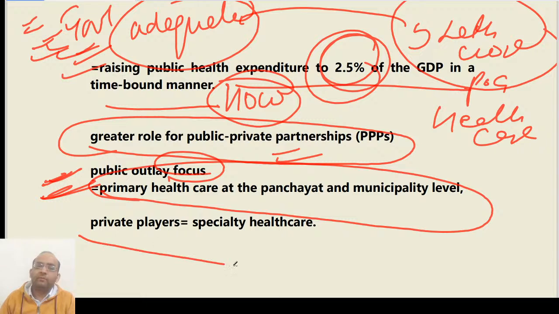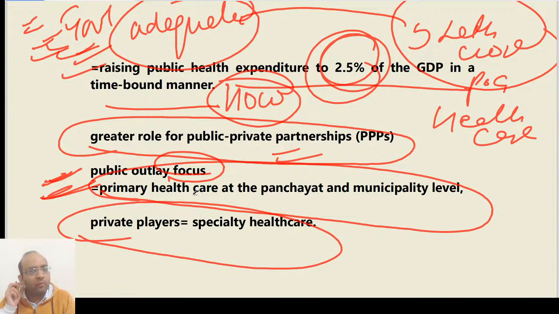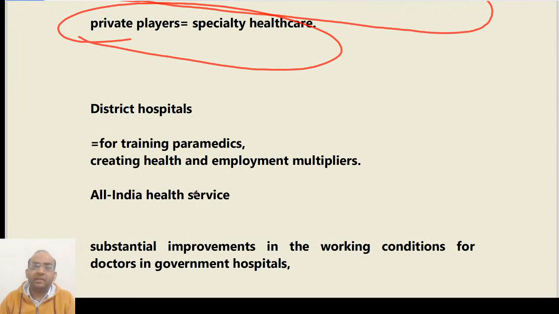And private players would focus on specialty healthcare like nose, ears, blood, heart, lungs, etc. And at the district hospital, PPP could act as a role model for the healthcare sector.